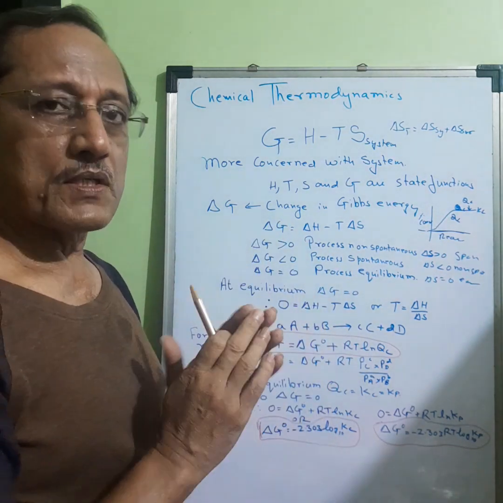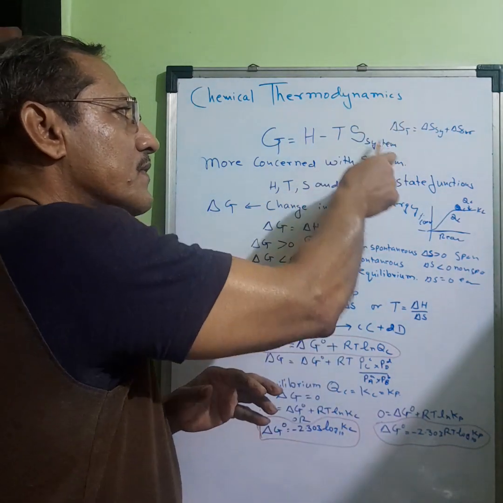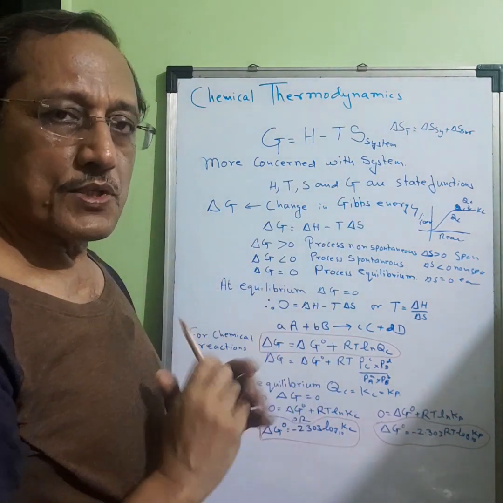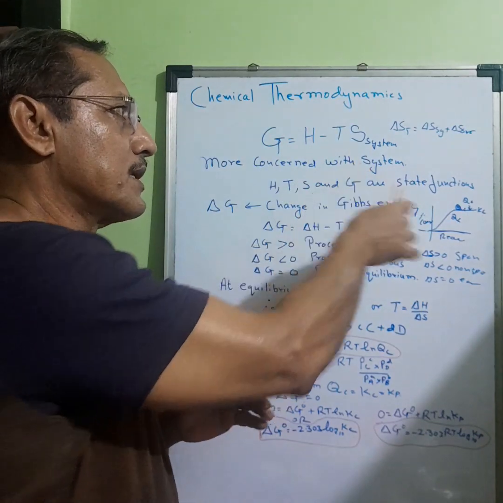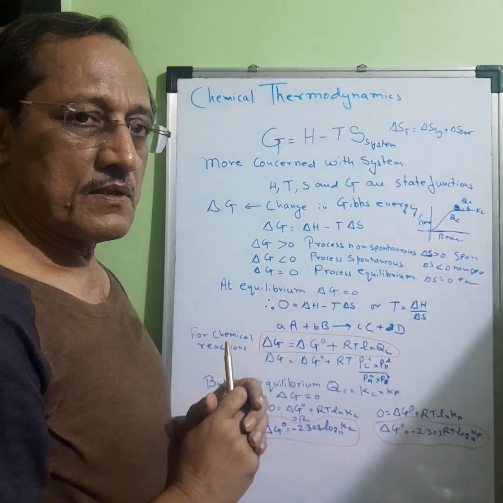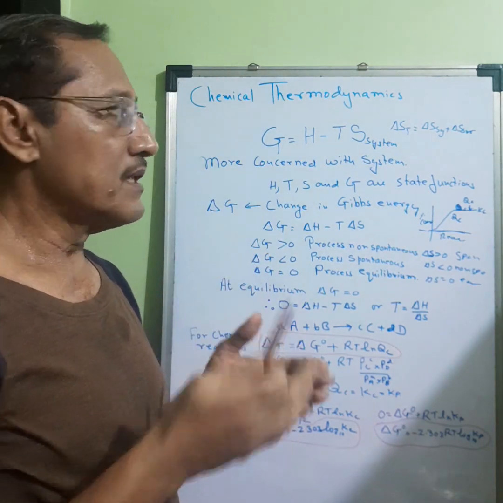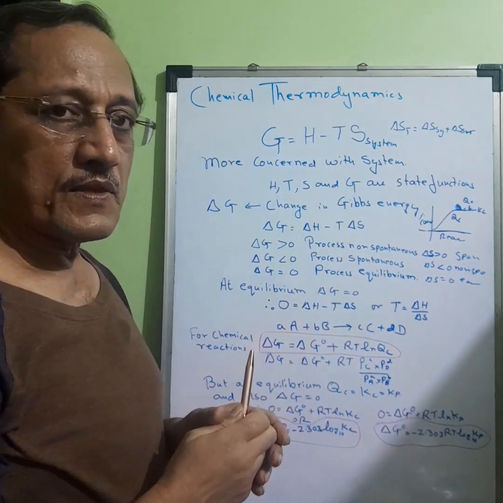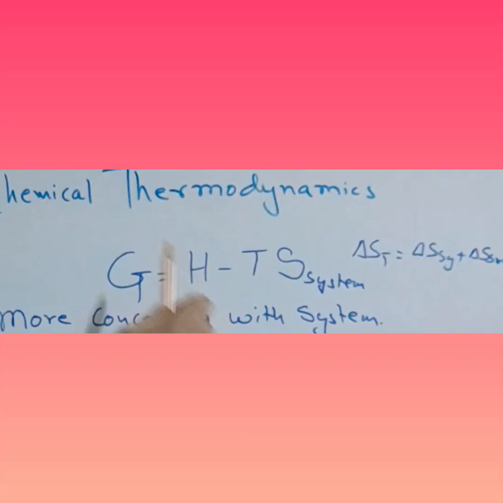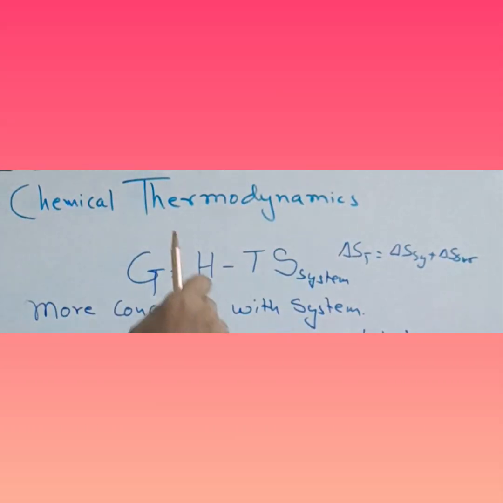So came in del S total, which included the surrounding. As per Gibbs, it is the system we are concerned with, not the surrounding. So he introduced a new term called Gibbs energy, formulated this way: H minus T S of system.